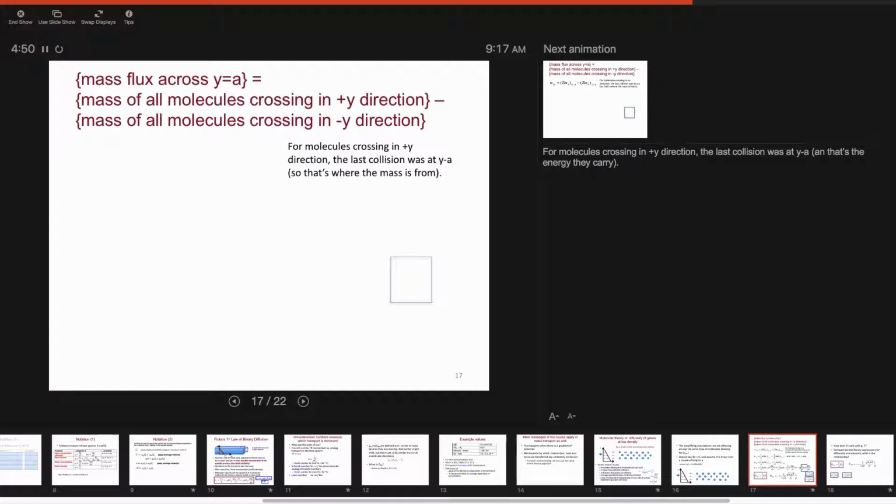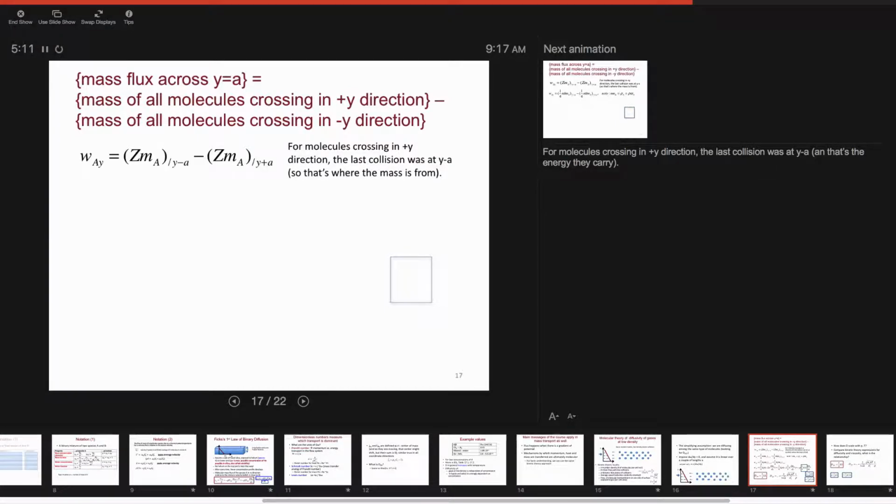And I have to subtract everything that is moving down. We know that, in terms of molecular movement, we always have molecules moving in all directions regardless of the applied gradients. It's just that because of the gradients, more of them might be going in one direction compared to the other.